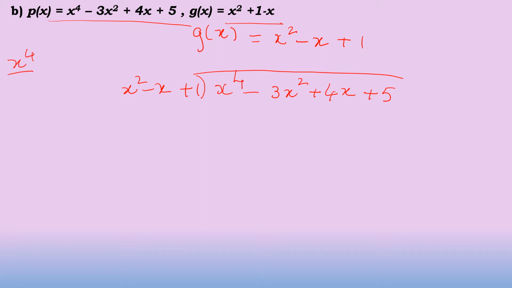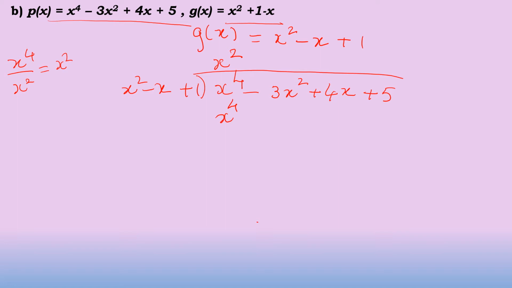X raised to 4 divided by the first term of your divisor, x square, gives the answer x square. So you write the quotient x square. Now x square is multiplied by each term in the divisor. So x square into x square is equal to x raised to 4. X square into minus x is equal to minus x cube.